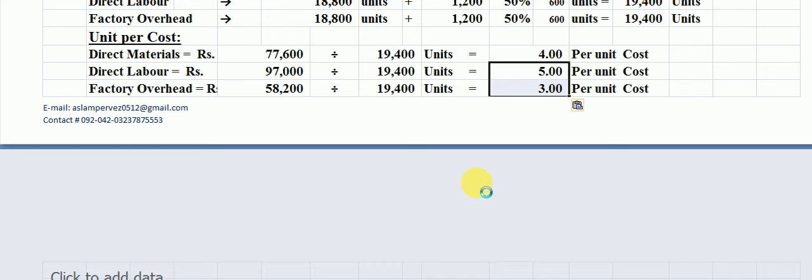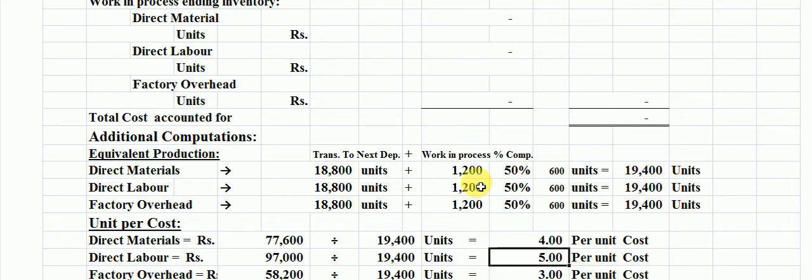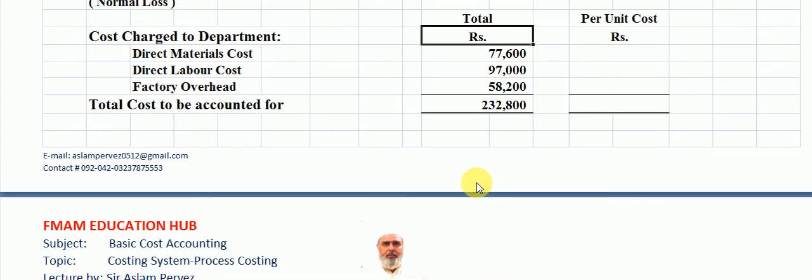When these are the per unit costs in the form of direct material cost, direct labor cost, and factory overhead cost, now we put these per unit costs in the second section here.